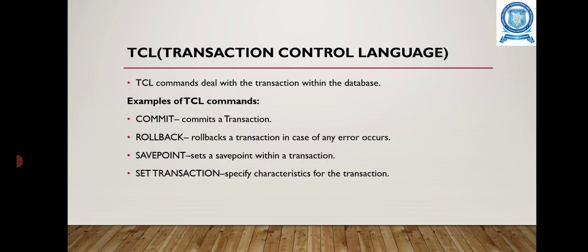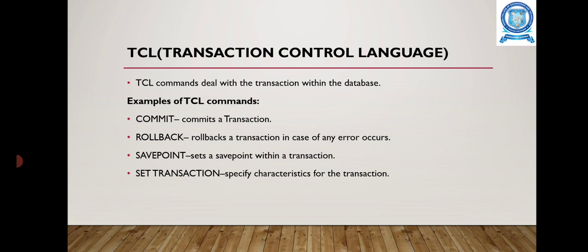Next one is the TCL. TCL means transaction control language. The TCL commands deal with the transactions within the database. Examples for TCL commands are commit, rollback, save point, set transaction. Commit means to commit the particular transaction.